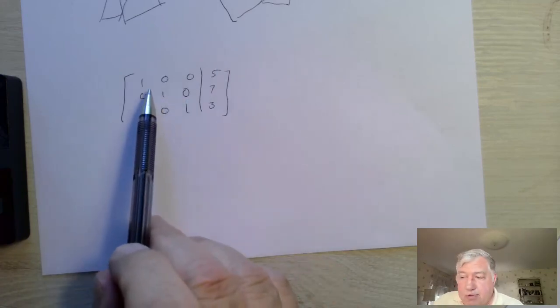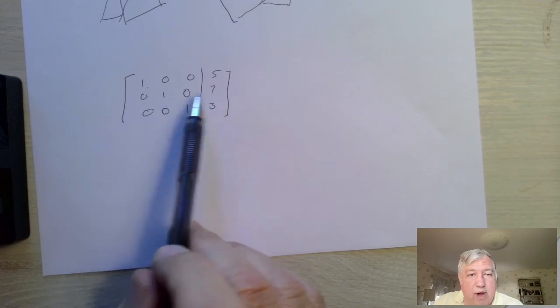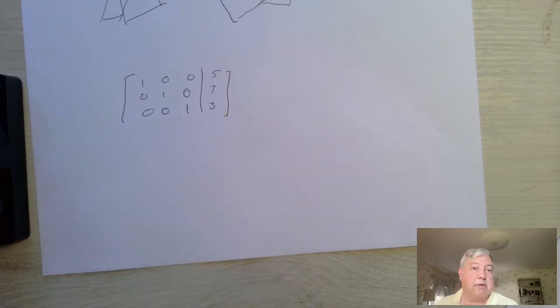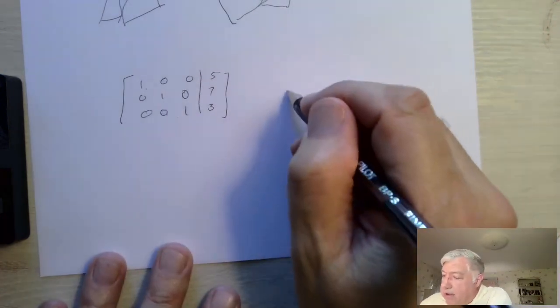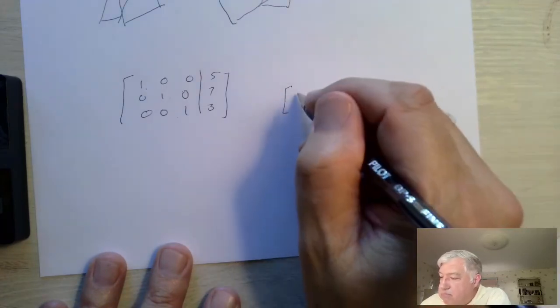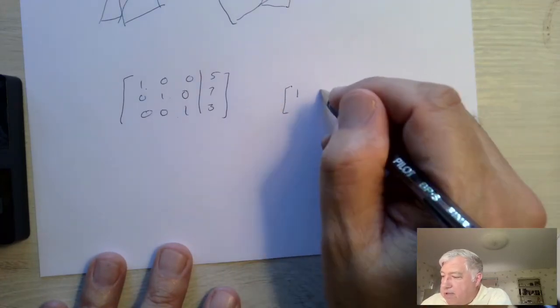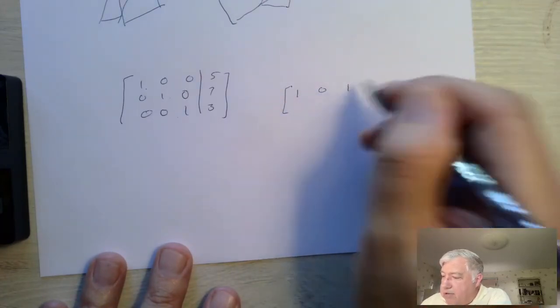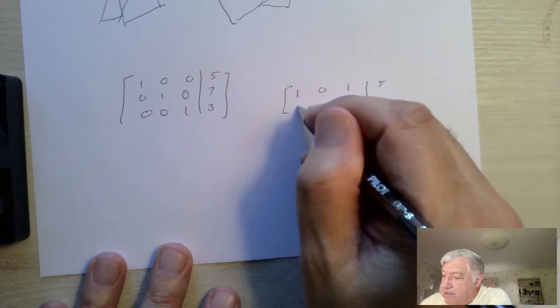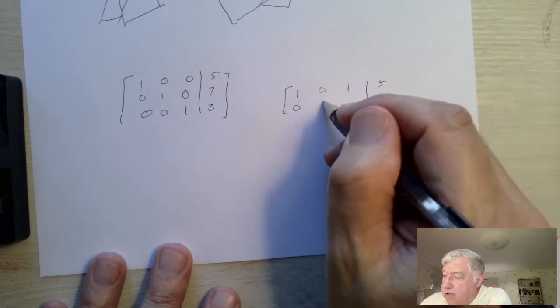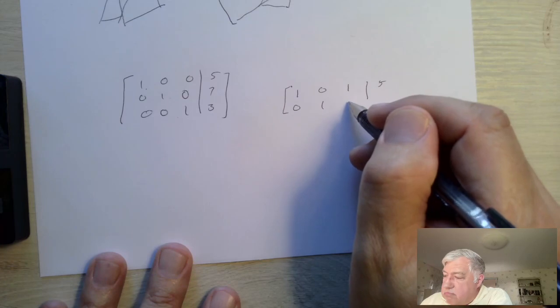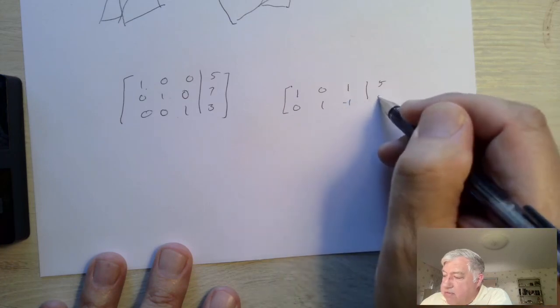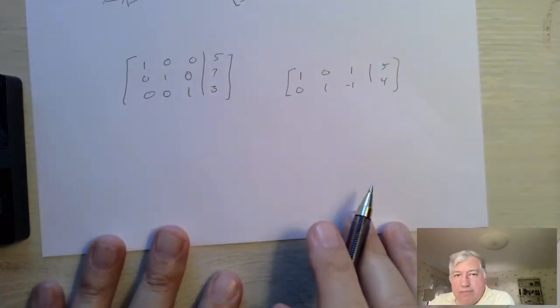This corresponds to saying x equals 5, y equals 7, z equals 3. Or something maybe a little more difficult, but just as interesting, like 1, 0, 1, 5, and 0, 1, negative 1, 4, something like that.